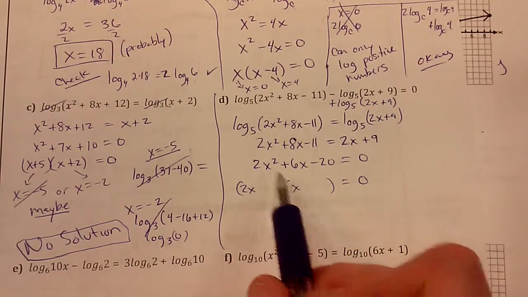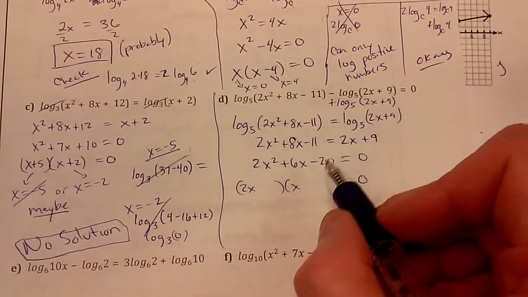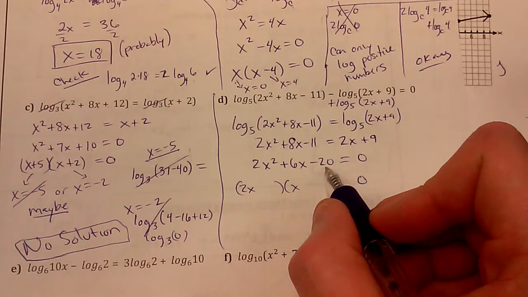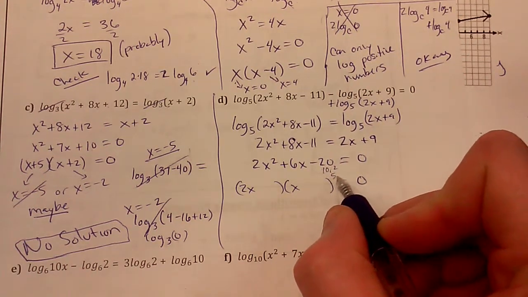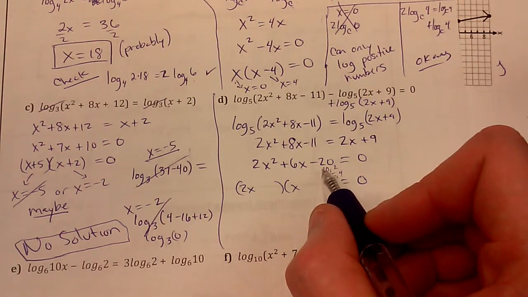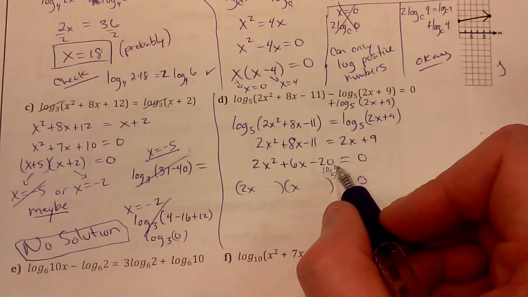So I know this 2x and x are my first 2 numbers. Now let me think about this for a minute. So my factors for negative 20 are 20 and 1. That doesn't seem reasonable. 10 and 2 and 5 and 4. One of them has to be negative. All right, so I'm going 10 and 2 here for sure.